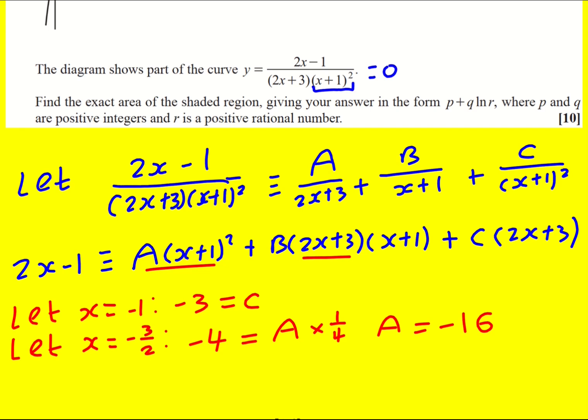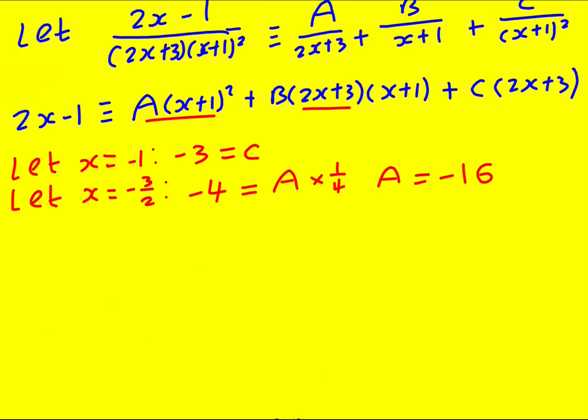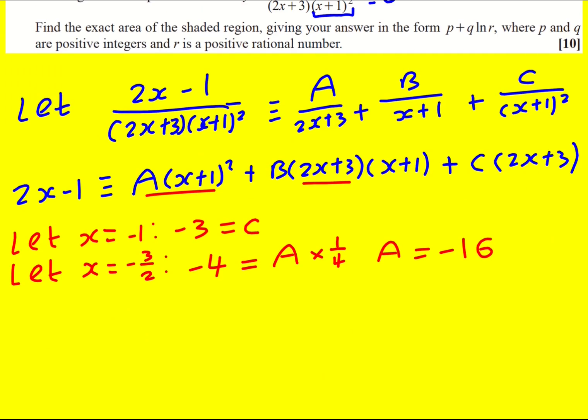And you've got a couple of choices at this point. You can either substitute a different value in that we haven't used yet, and the best one to go with is just 0 to make life easy, or a quicker way is to compare coefficients, because this is an identity that's true for all values of x. I'm going to look at the coefficients of x squared.